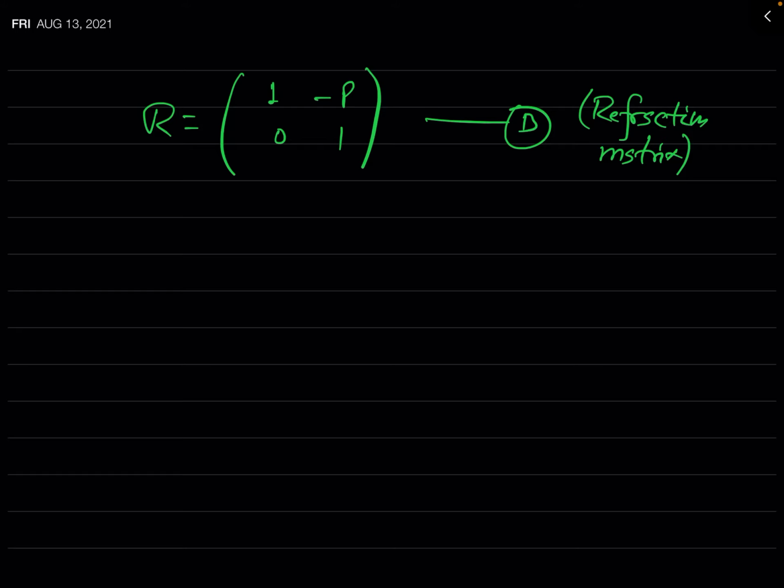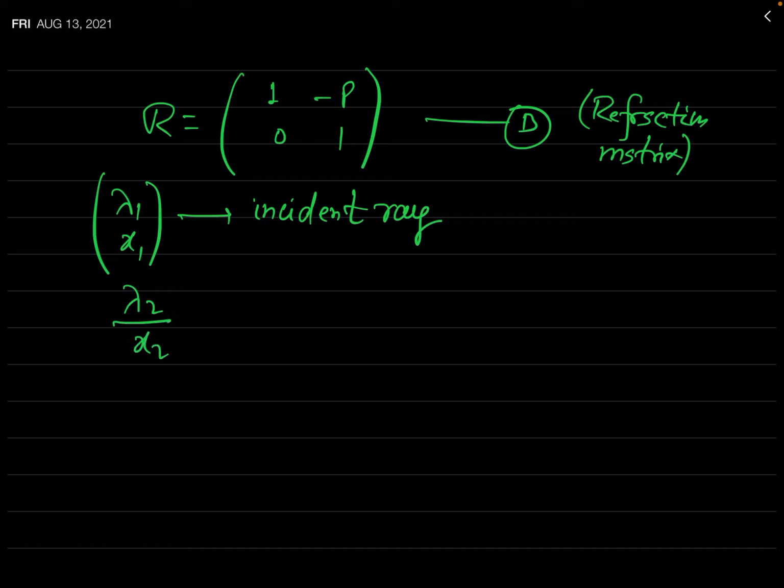You can see, because I have told you that this column matrix lambda 1 x1 represents the incident ray, and the column matrix lambda 2 x2 represents the refracted ray.